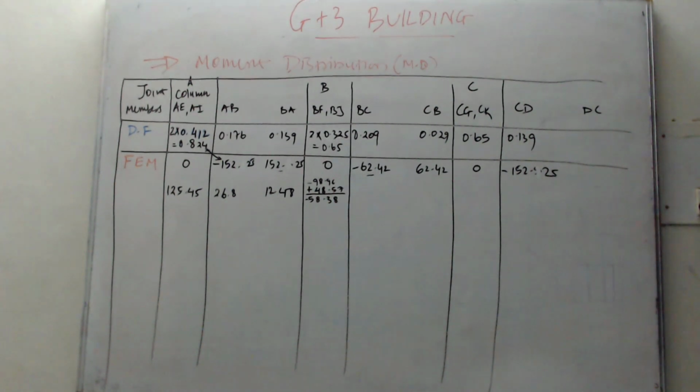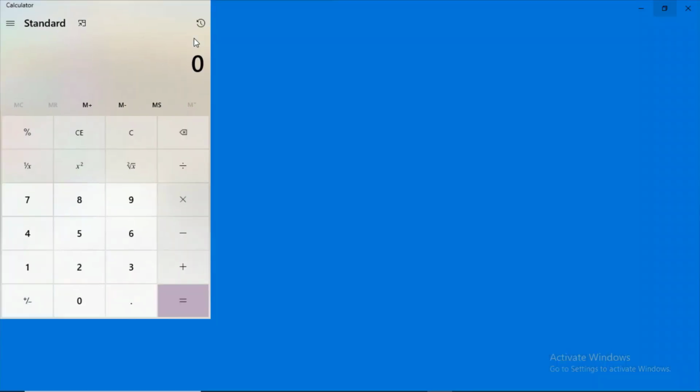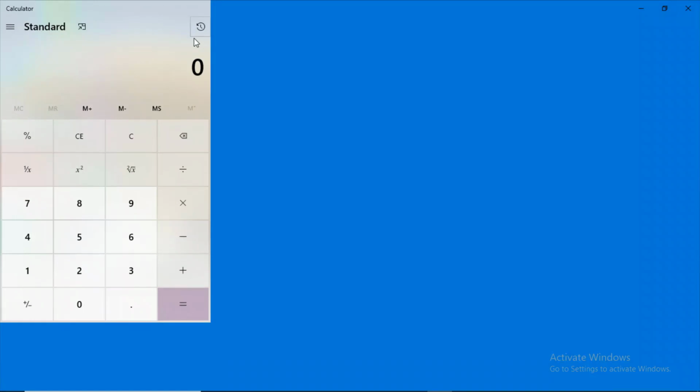So let me open my calculator. Just a second, guys. Okay, right? So I'll share my screen. So this is the calculator here.